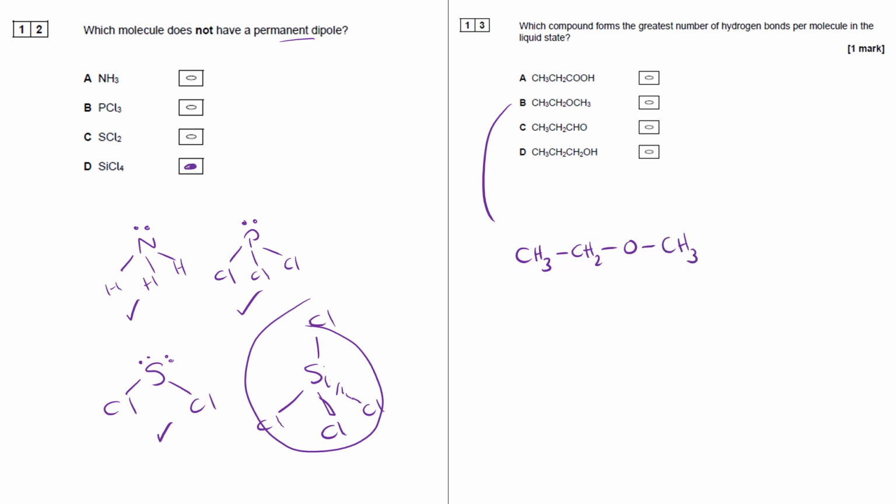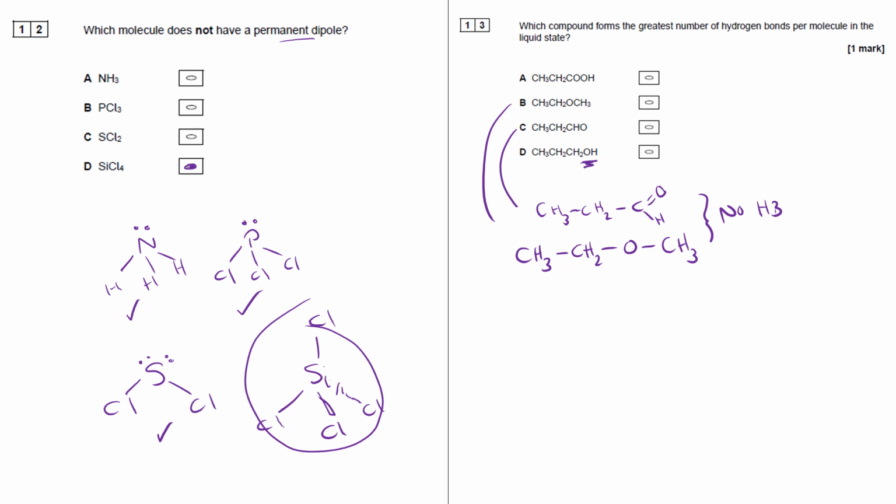Because there's no OH bond, there's no hydrogen bonds there. Similarly, with option C, you have an aldehyde. Because there's no OH bond, there would be no hydrogen bond. So B and C, not correct.